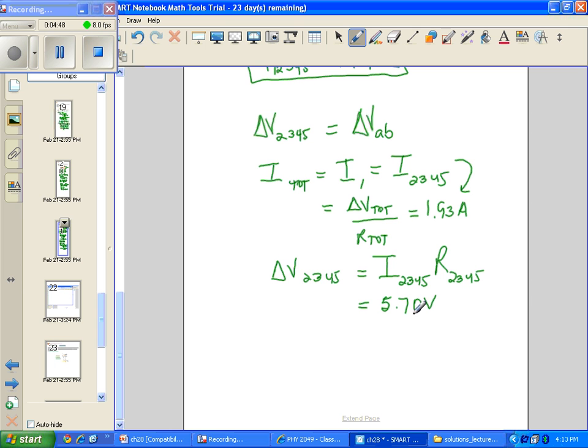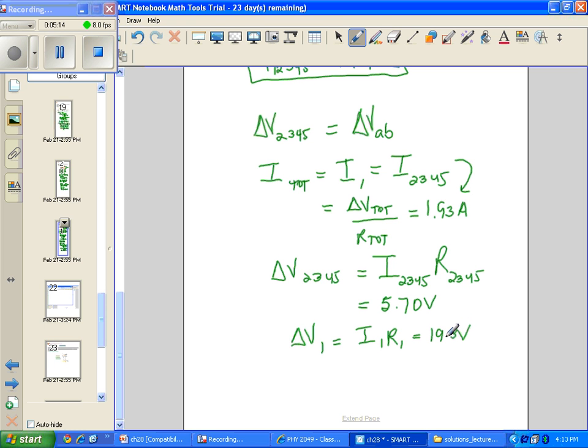Now, if we want to check whether this is correct or not, let's go to R1, in other words, delta V1, we know was equal to I1 times R1. Using I1 as 1.93, R1 as 10 ohms, we see we get a value of 19.3 volts.